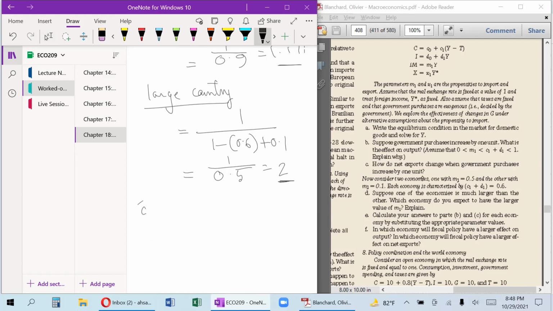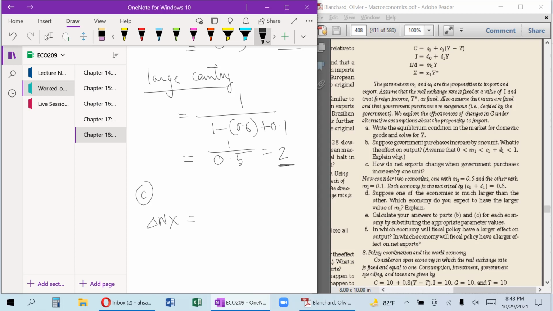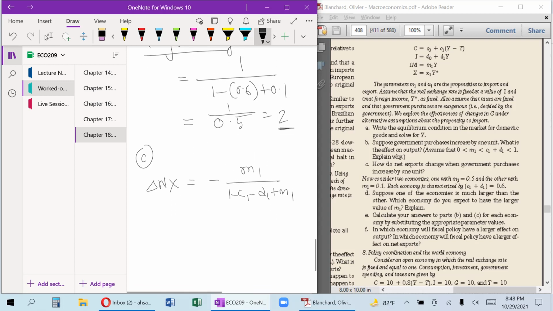Now let's do the recalculation of part C, where we found that the change in NX due to this expansionary fiscal policy would be minus M1 divided by 1 minus C1 minus D1 plus M1. We have to recalculate this for the large and the small country. Let's start with the small country.